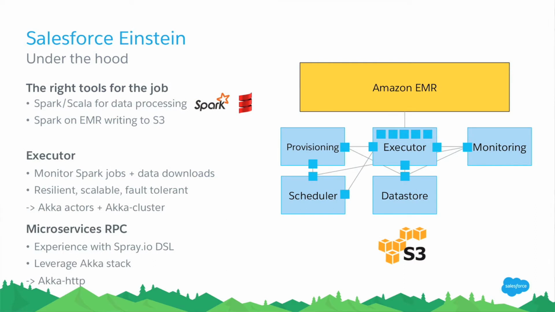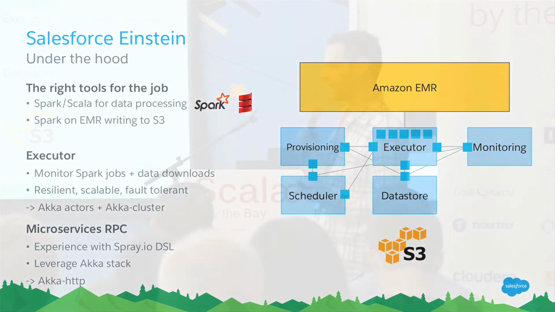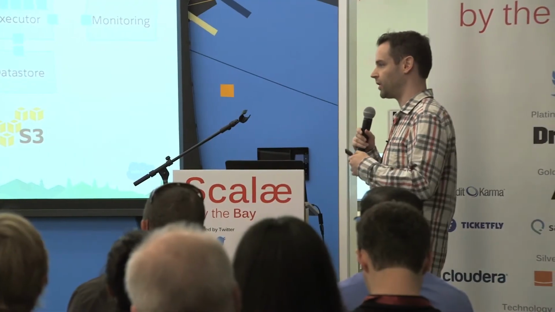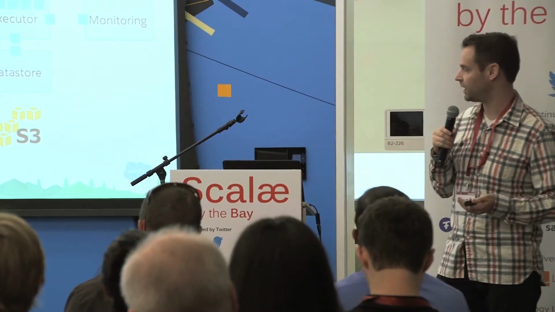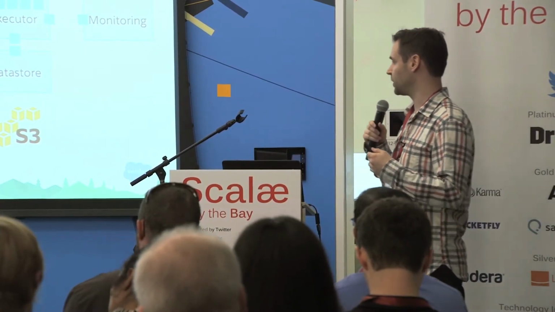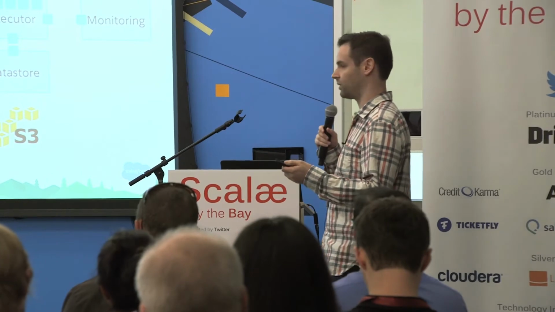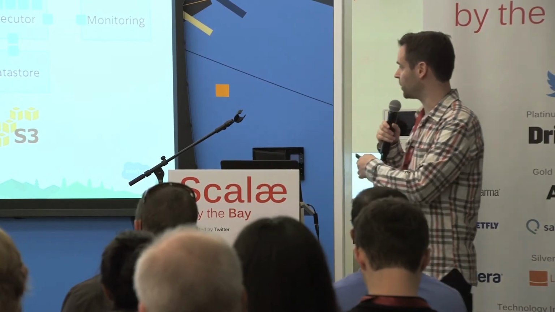And for the rest of our Scala microservices, we decided to use Akka-http to connect them together. Some of our engineers had a lot of experience with Spray.io, and they were very adamant about the DSL. And so we decided to leverage that for the communication between our microservices.